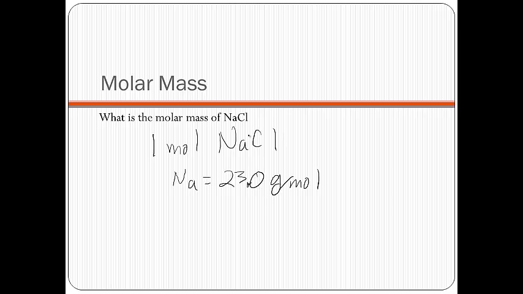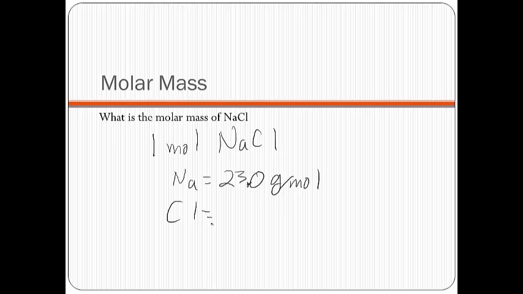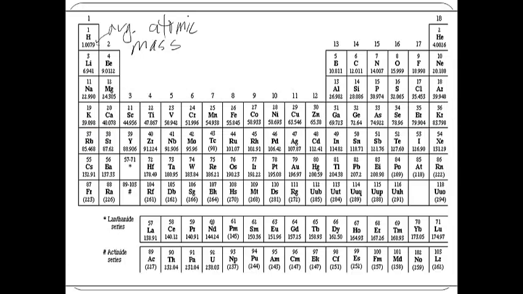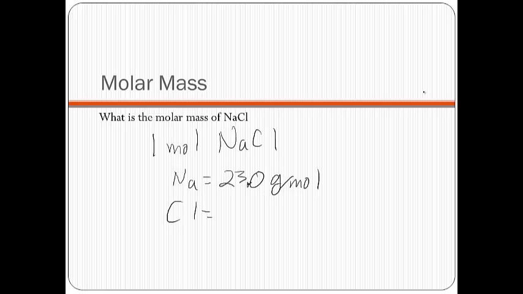For chlorine, there's just 1 chlorine because the subscript is 1 if it's not written. On the periodic table, it says 35.453 for chlorine. On your periodic table, we round that a little bit, and that's okay, 35.5 grams per mole.